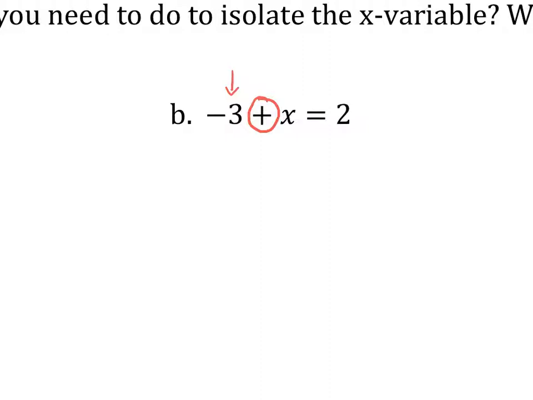So we could take this using our commutative. You don't have to flip it like I'm going to do, but if it looks nicer to you, then you can flip.